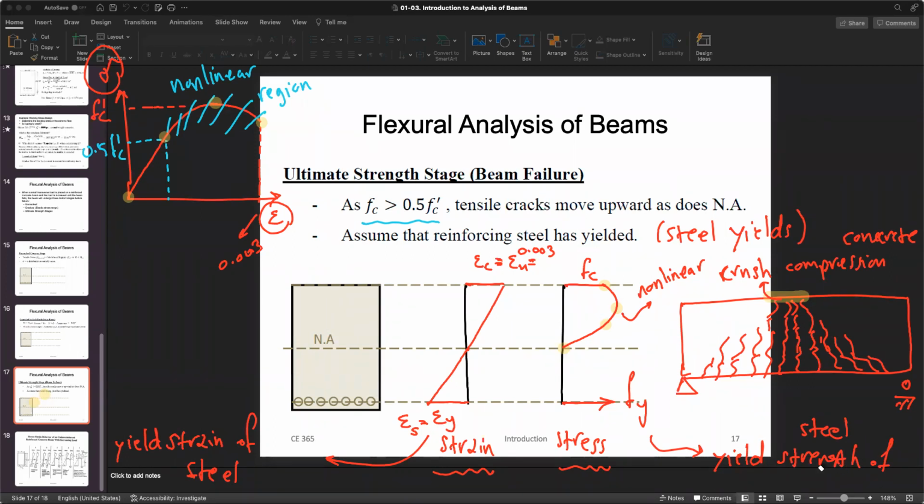You can also call it the yield stress, to distinguish the two.